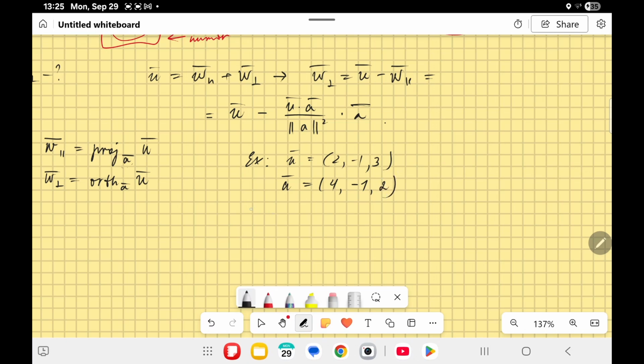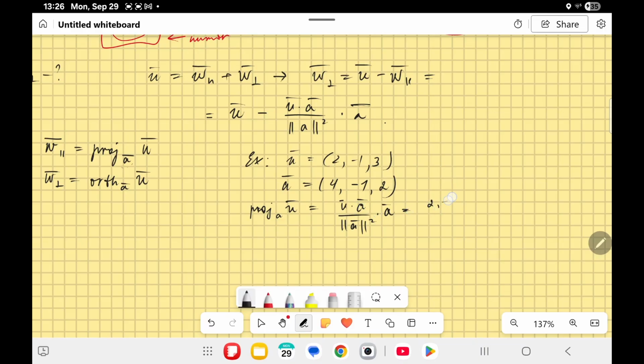So I'm going to find the projection of U onto A. I'm going to use the formula: UA divided by norm of A squared and multiplied by A. Well, let's do it.